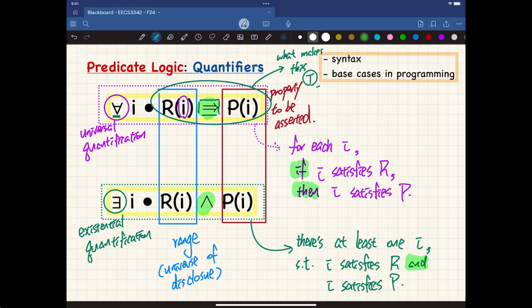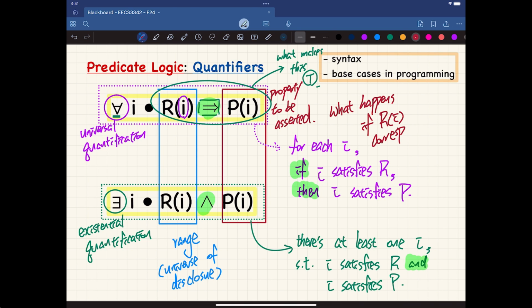A final question here, and I'll let you go earlier today. What happens if R of I corresponds to an empty range?